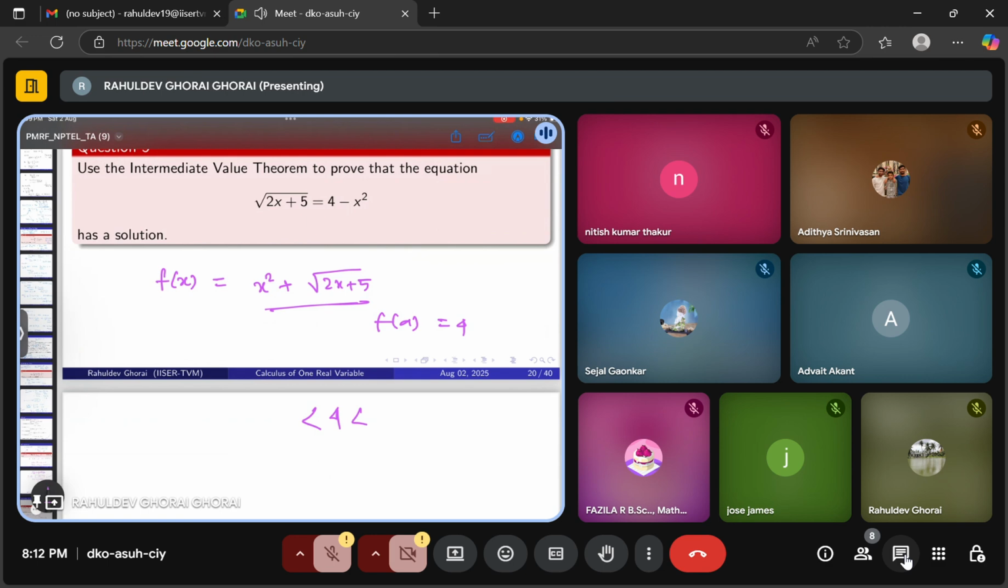2x plus 5 is 0 when x is minus 5 by 2. How do you show that there are values which are larger than 4, and also less than 4?